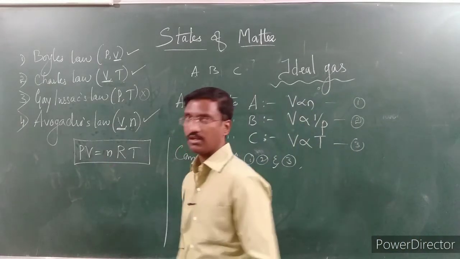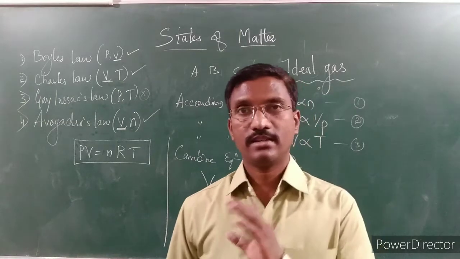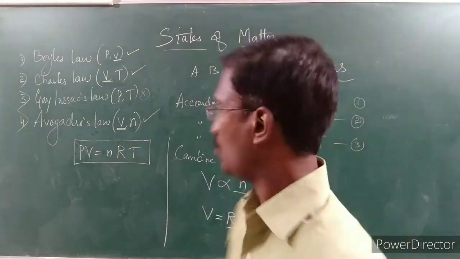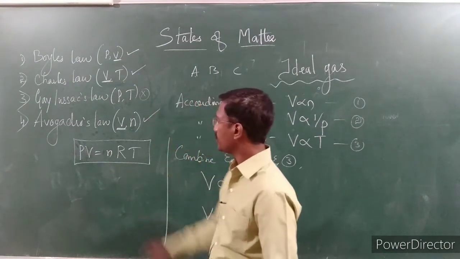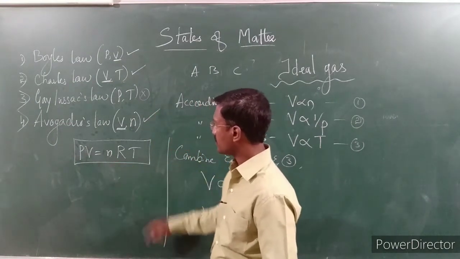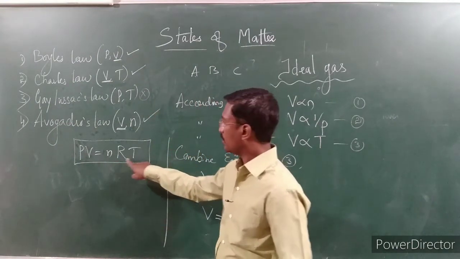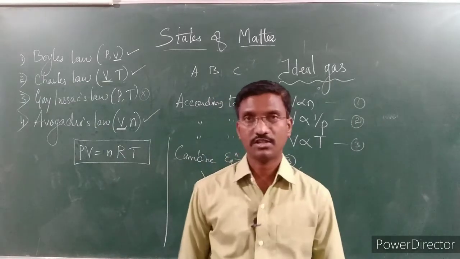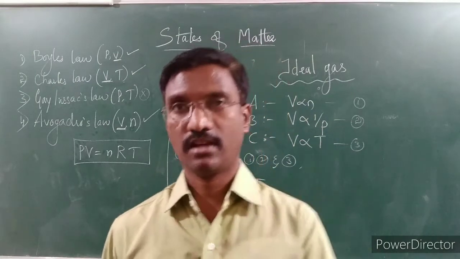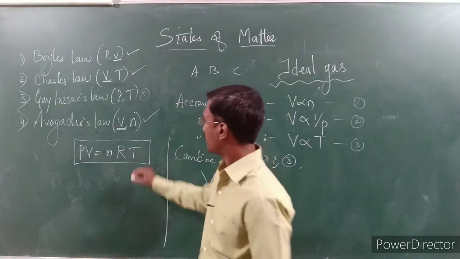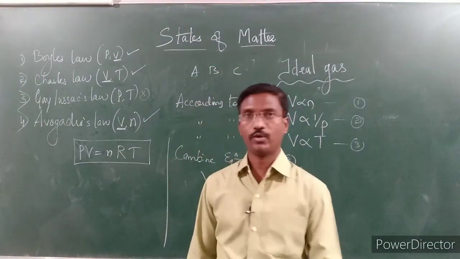After writing this, you have to define each of the terms. Here P is pressure, V is volume, N is the amount of substance, and T is the temperature. Whereas R is the constant, called the gas constant, or universal gas constant. I hope this is a new word for you from today onwards.